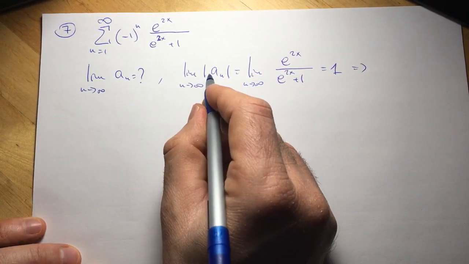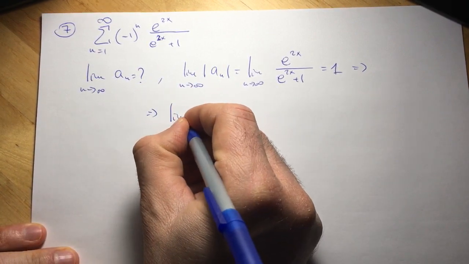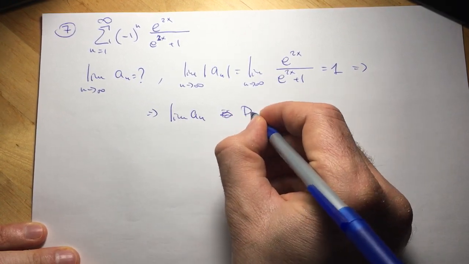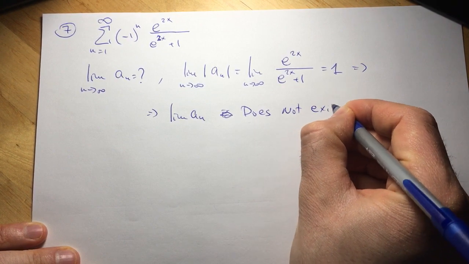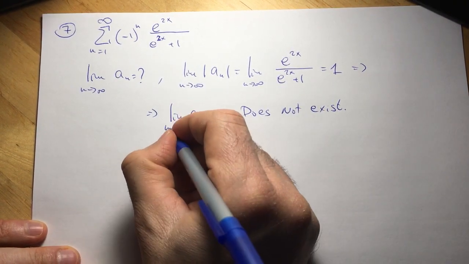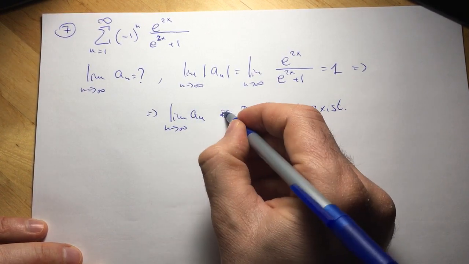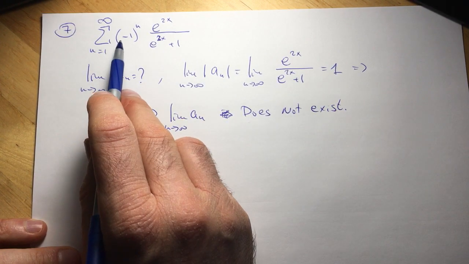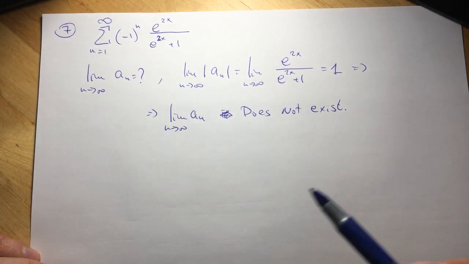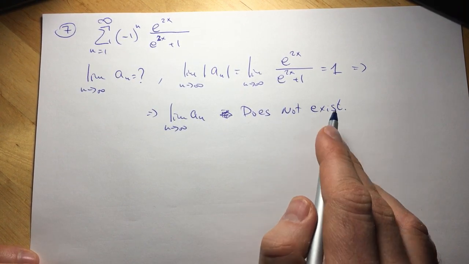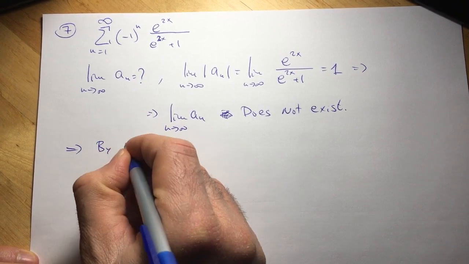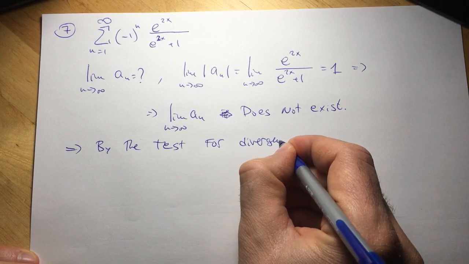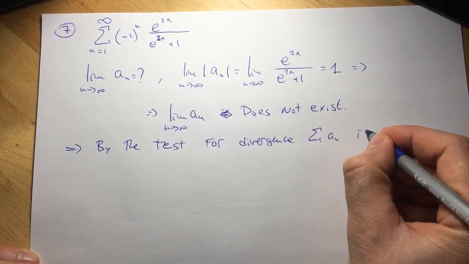This is only the absolute value, which implies that if you put this alternating part here, the limit of an does not exist, because as we're going towards infinity, the absolute value of an is 1, times the alternating part is going to be positive 1, negative 1, positive 1, negative 1, so that means that the limit does not exist, which finally implies that by the test for divergence, an is divergent.